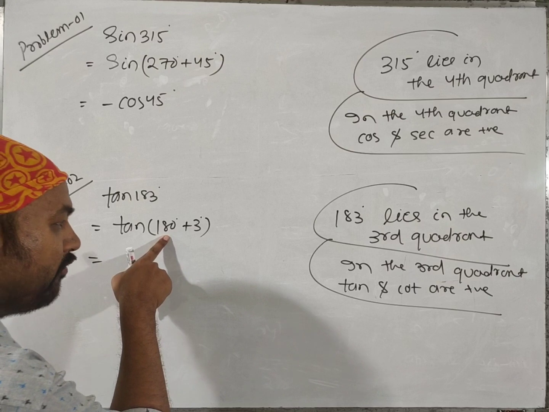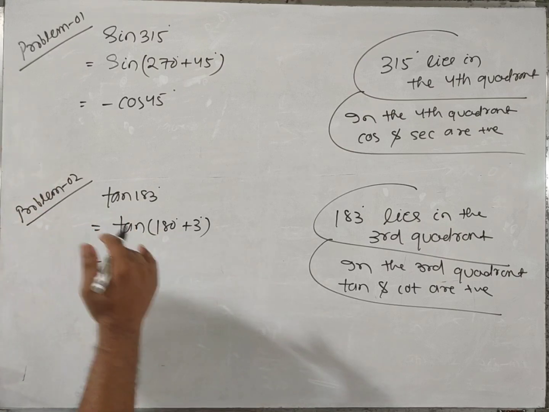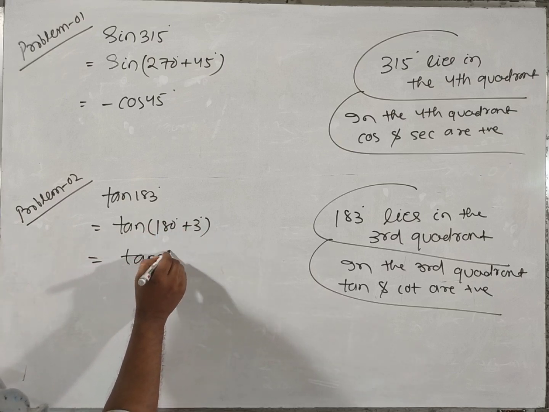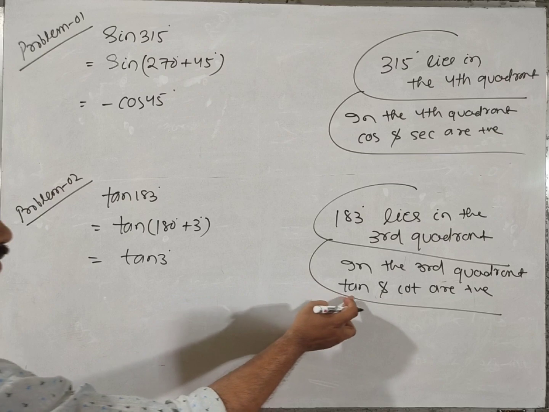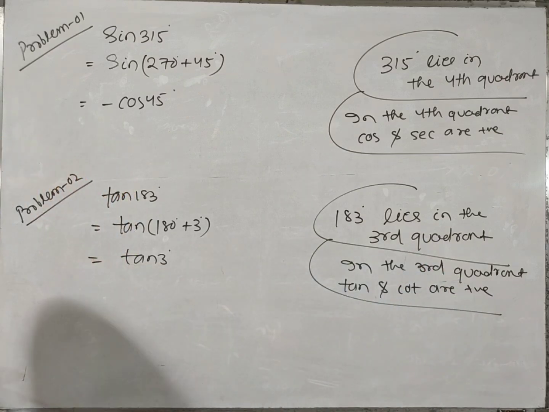It is an even multiple of 90 degree, 90 degree into 2. So rule number 2 is applied, so tan will not be changed. So it will be tan 3 degree. Then whether it will be positive or negative, tan is positive in the third quadrant, so tan will be positive. So that is all about the first two problems.